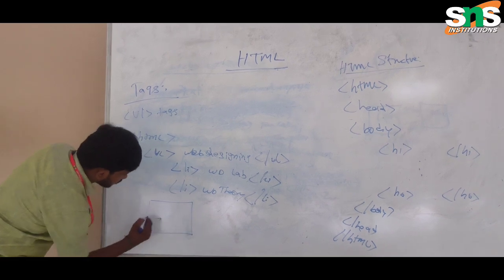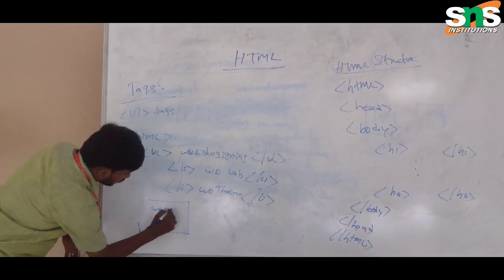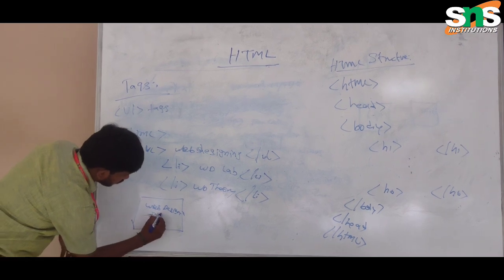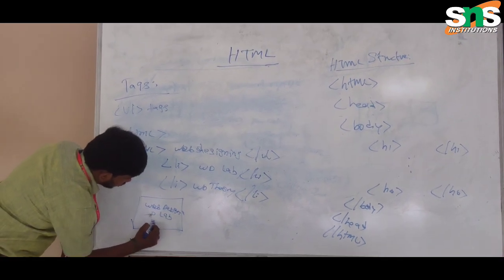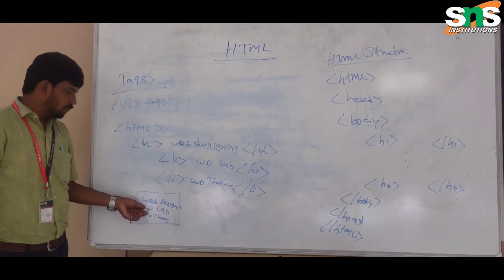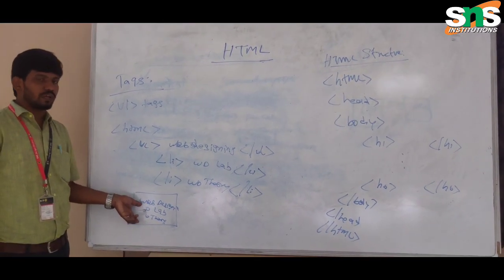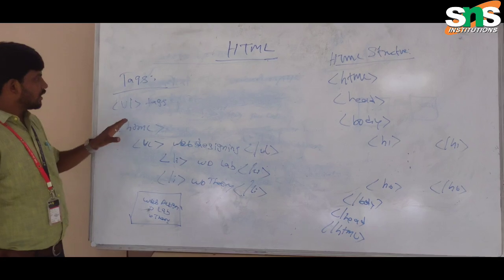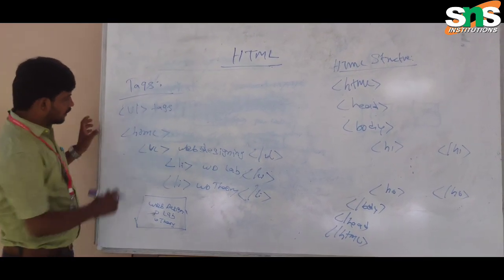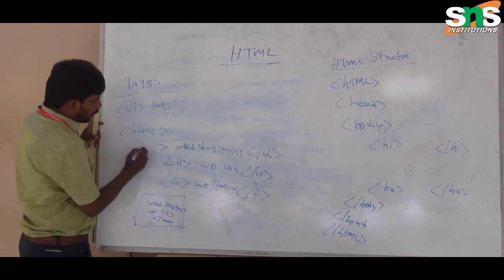So this is our web page. Here is web designing, and here we use lab and theory. If we need a bullet point or any kind of circle or square symbols, we use the unordered listing format. In the ordered listing format, we use only the OL function.